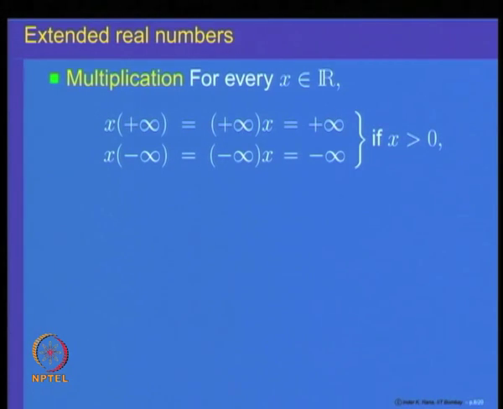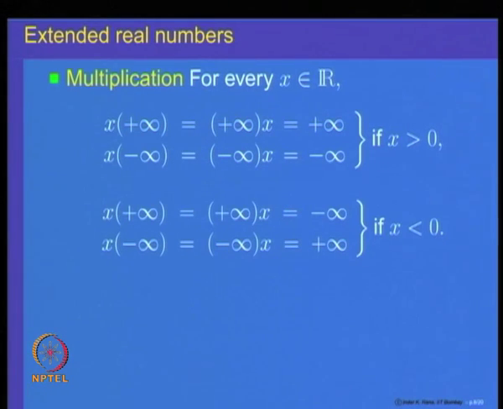Similarly, if x is negative, then x multiplied by plus infinity, or plus infinity multiplied by x, is equal to minus infinity, since the sign changes, and similarly x multiplied by minus infinity, or minus infinity multiplied by x, is equal to plus infinity if x is less than 0. So, depending on whether x is bigger than 0 or less than 0, the rules for multiplication are as specified. Of course, if x and y are real numbers, the multiplication between x and y is the same as that of real numbers.